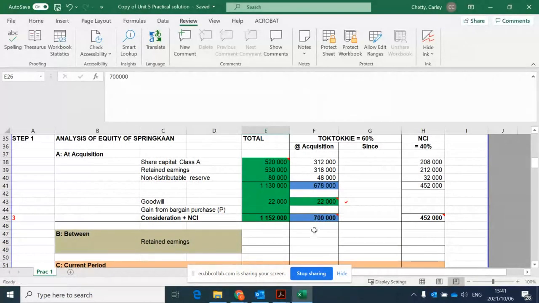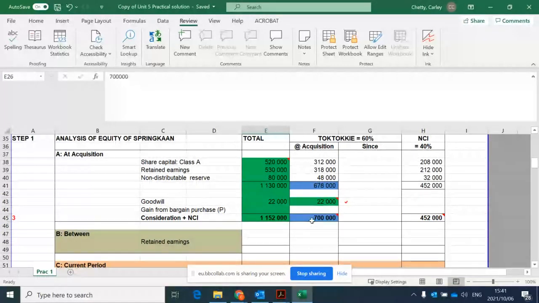Okay, so when you are trying to calculate goodwill or gain on bargain purchase, and there isn't a wholly owned subsidiary, like in this case, we have NCI, you need to compare the consideration paid to the ownership percentage of Tok.